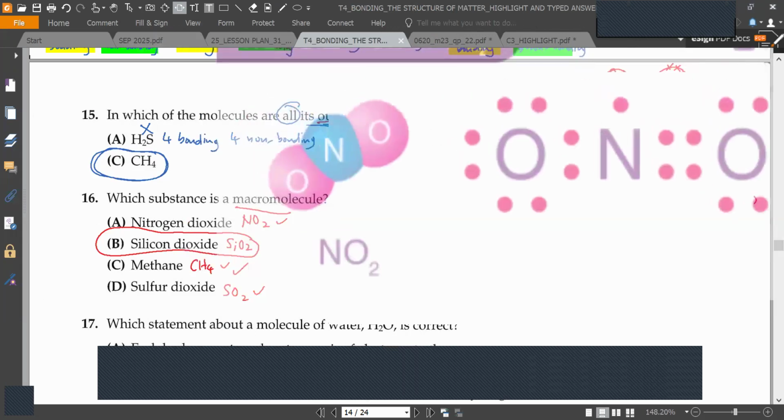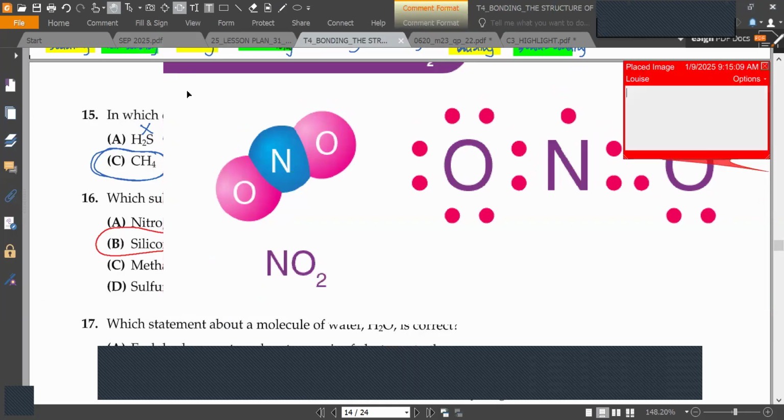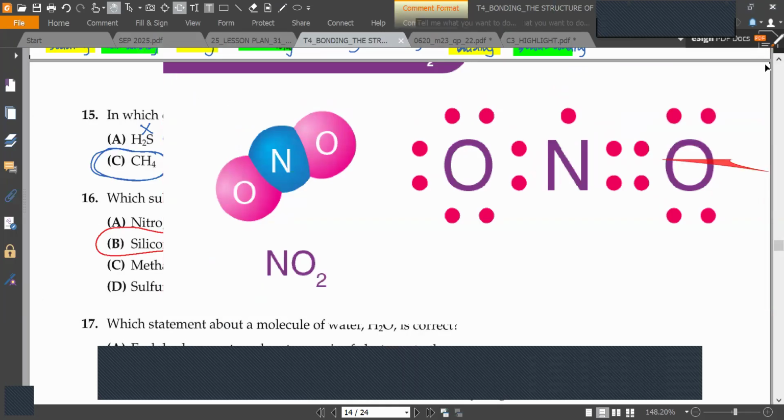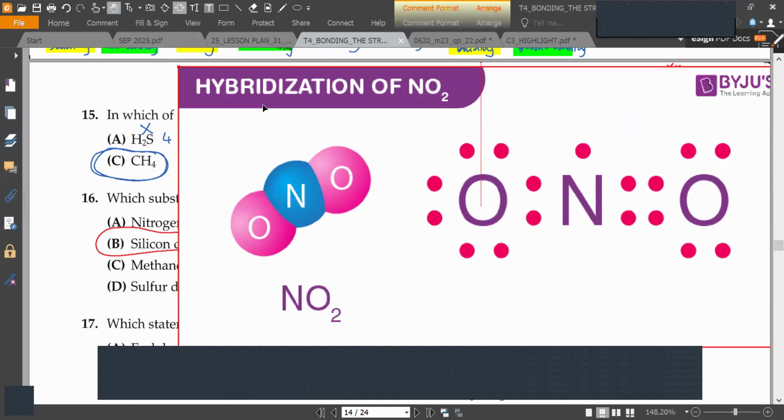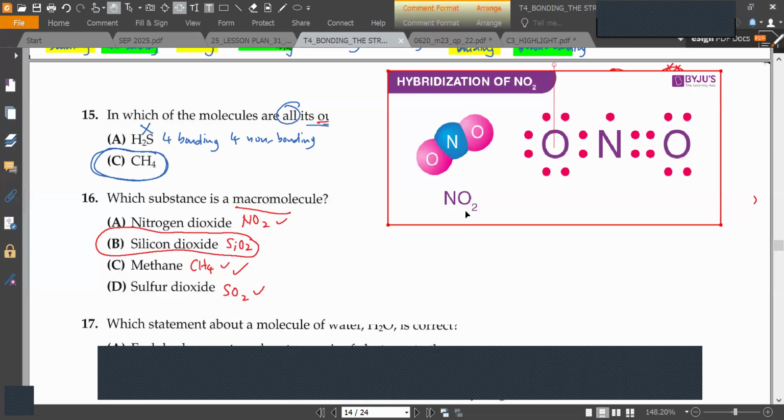So this is the dot and cross diagram for the nitrogen dioxide. And then how about sulfur dioxide?